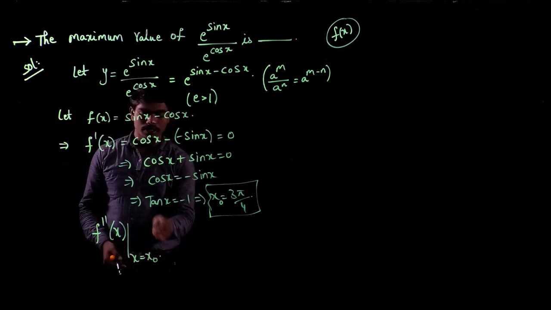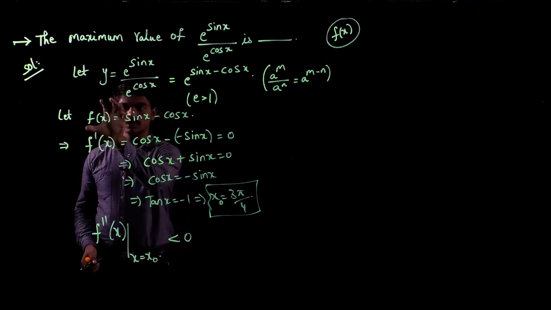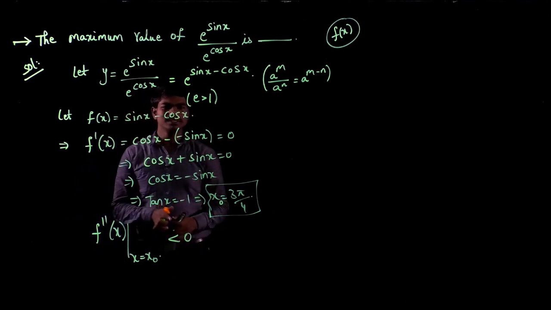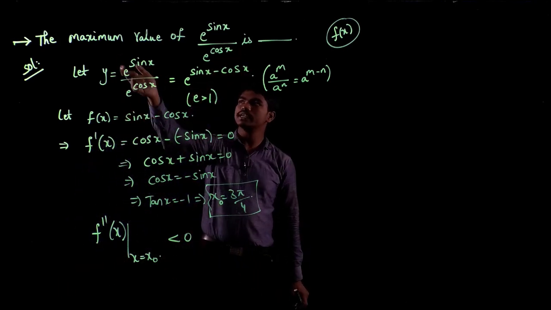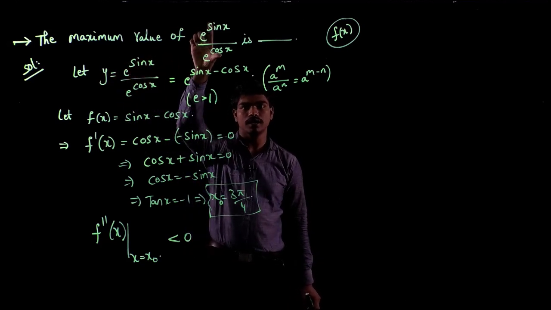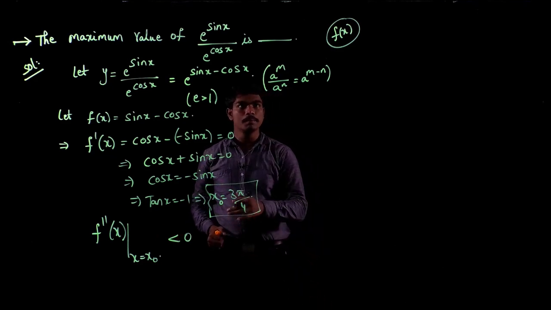So at x is equal to x naught, if this particular value is less than 0, then we say this function f of x has a maximum at x is equal to x naught, correct? But since this is a numerical answer type question and definitely he is asking for the maximum, he is telling us indirectly that there is a maximum value for this function, and we have only one stationary point. So let us assume that this particular value is giving the maximum.